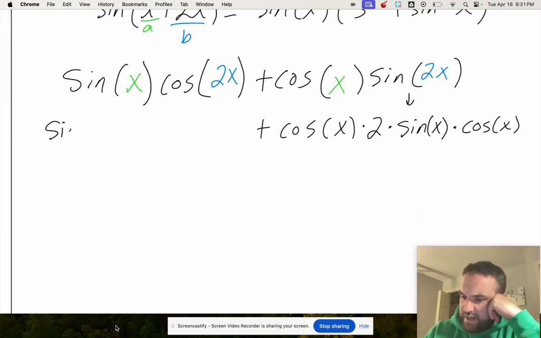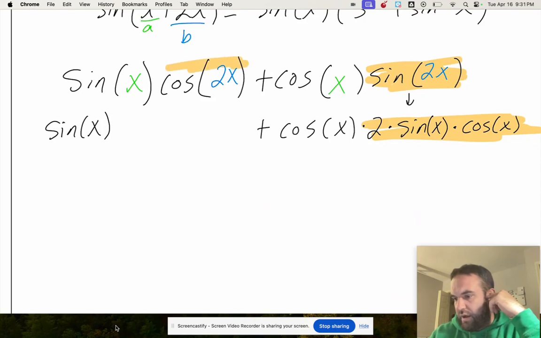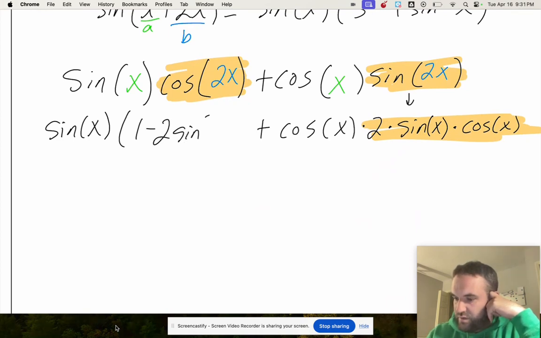So here I have the sine x that I already had, and then here's the exchange, and maybe I should be highlighting this. Here sine of 2x became this, and over here cosine of 2x is going to become the quantity 1 minus 2 sine squared of x.